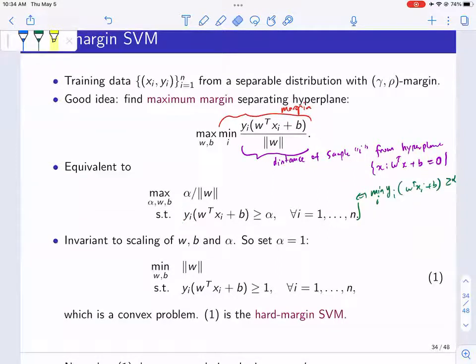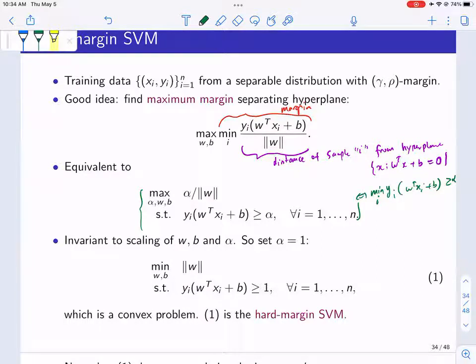And this problem now, you can see that there's a scale ambiguity. So if I rescale B and W and alpha together, right?